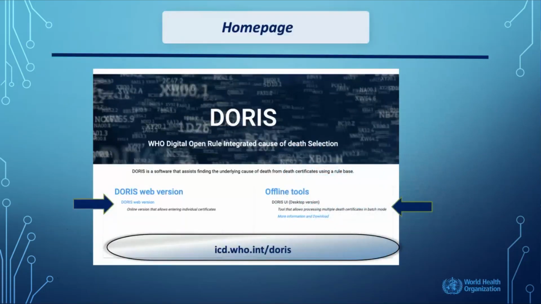So in this instance, I'm showing the homepage. And this is where we show that DORIS can be used as a web version for individual certificates, but it also can be used as an offline tool downloaded on your computers. This is the homepage of DORIS, same as ICD-11. You just add a /DORIS.